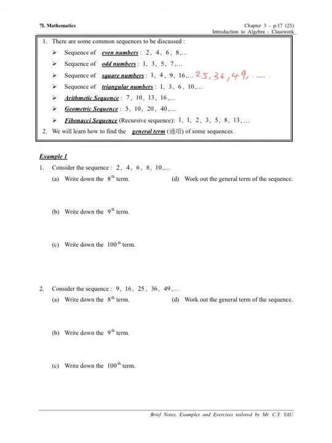In secondary school, in grade 7, instead of just guesses, you need to learn how to find the general term of a sequence. Okay, so I will show you the idea. What does it mean by general term? Now you see example 1, you have a sequence 2, 4, 6, 8, 10, etc. This is the first, second, third, fourth, fifth.